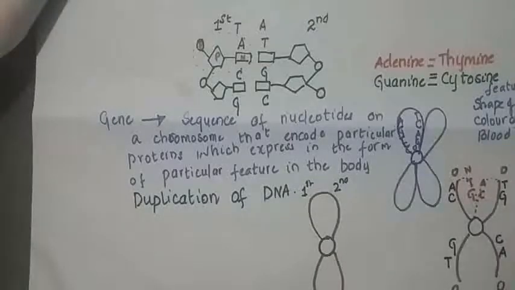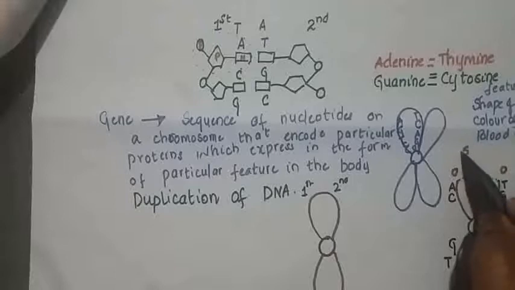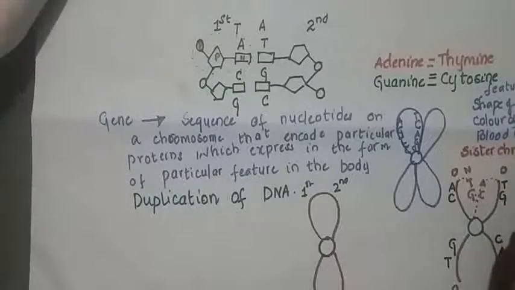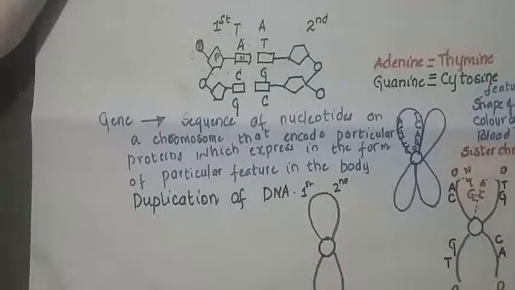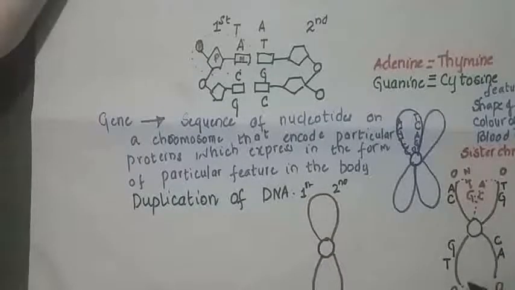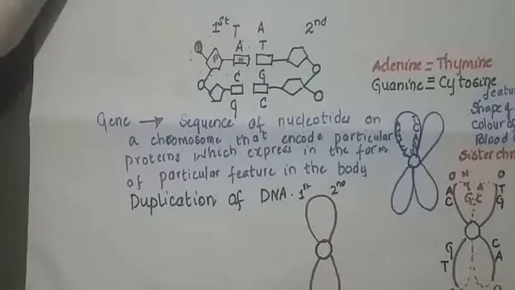Children, observe carefully. Both the chromatids are similar to each other, and hence we call them sister chromatids. Sister chromatids which are replicas, which are similar to each other. And this formation of a new DNA strand continues lengthwise till the centromere. Even here it continues. So the complementary pairs are formed.